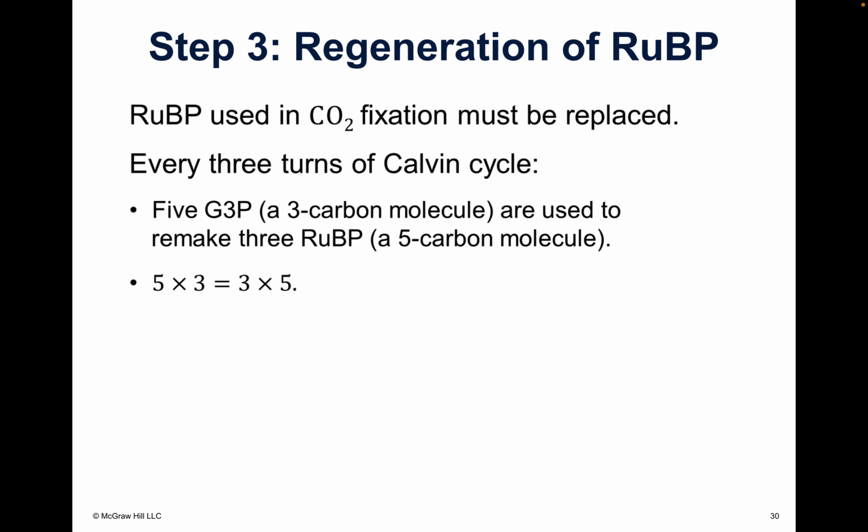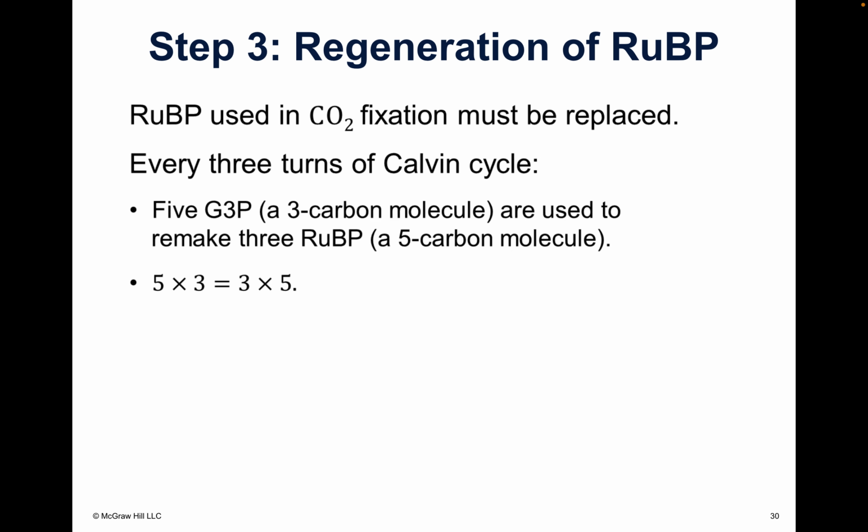Okay. So then the next part, we've got regeneration of that RuBP. Remember that RuBP is what attached to that CO2. So the RuBP that we used to attach to that CO2 has to be replaced, so we need to regenerate it. Every 3 turns of the Calvin cycle. The Calvin cycle is constantly turning, right? Turning clockwise.